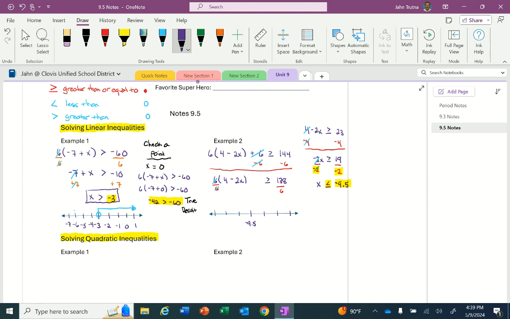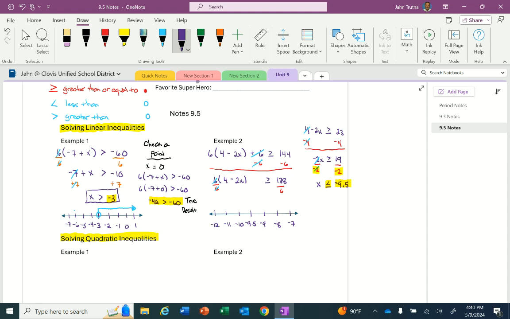Either way, it doesn't matter. To the right of negative 9.5, I'm going to number off the whole numbers that are immediately larger: negative 9, negative 8, negative 7. And then to the left, I'm going to put negative 10, negative 11, and negative 12.